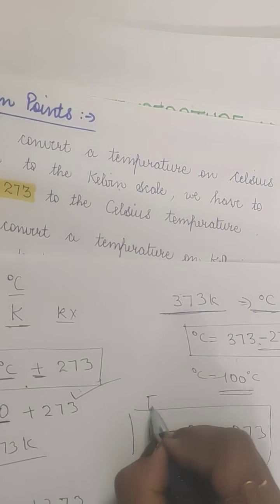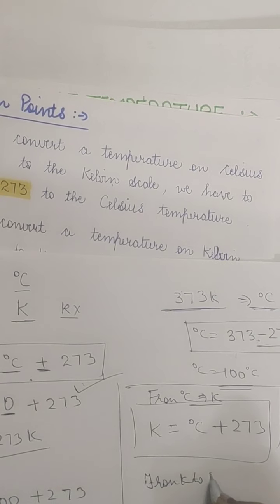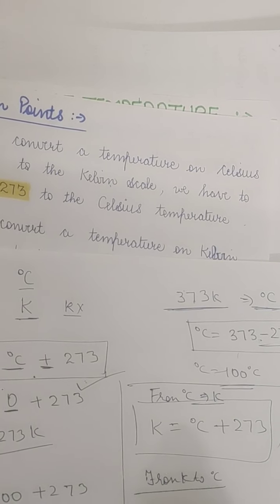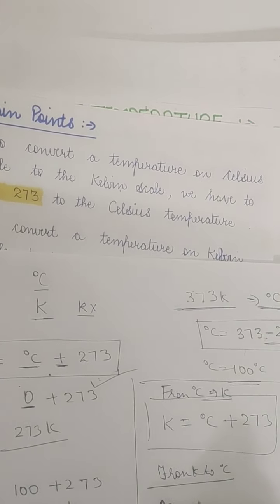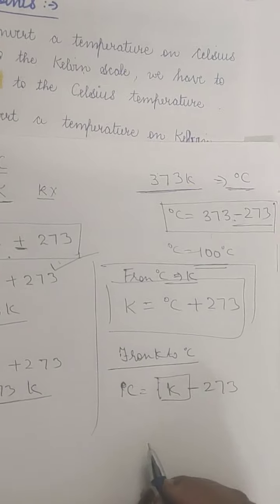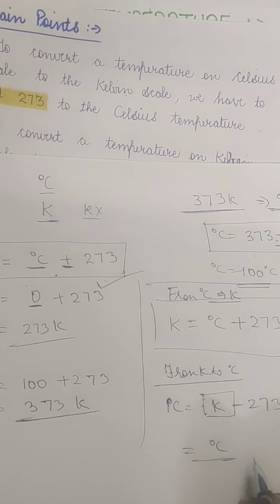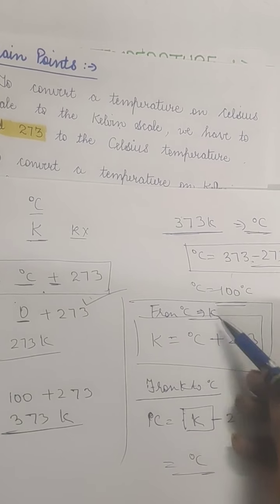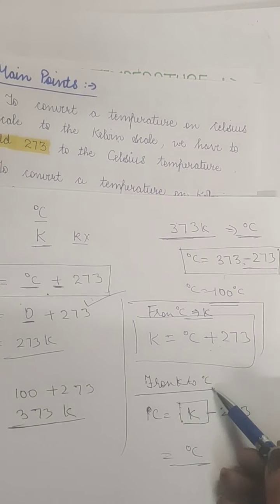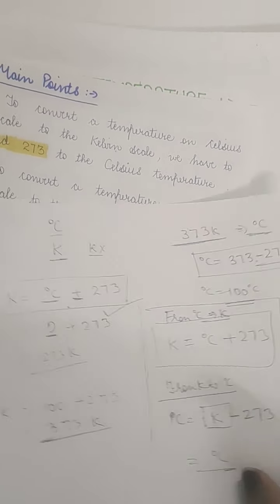And when we convert from Kelvin to degree C, degree C equals whatever temperature we have in Kelvin minus 273. That will be our degree C value. So we add when converting from degree C to Kelvin, and subtract when converting from Kelvin to degree C.